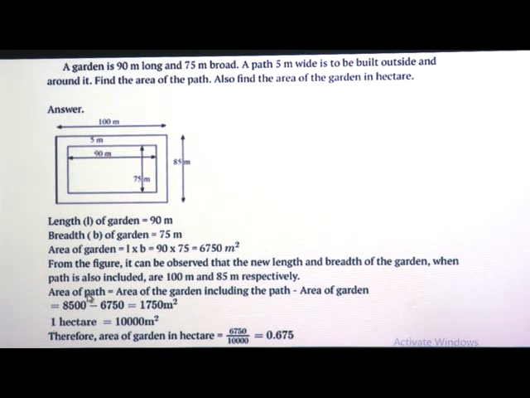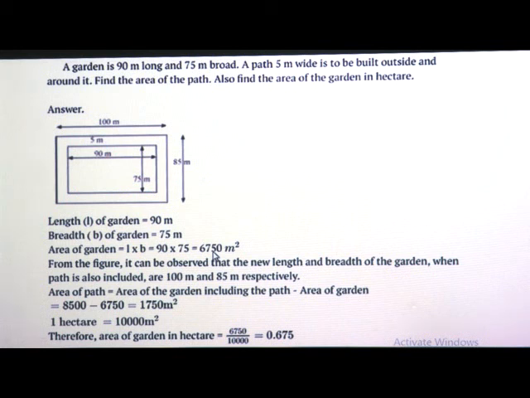So, area of a path is equal to area of a garden including the path, which is new length into new breadth, L into B, 100 multiplied by 85, that is 8500, minus area of a garden, which we already calculated: 90 multiplied by 75, length and breadth.